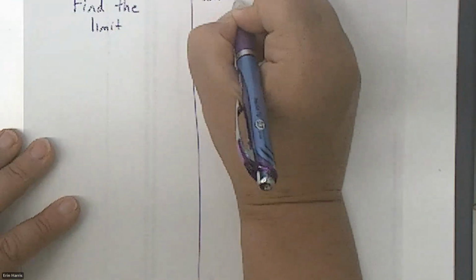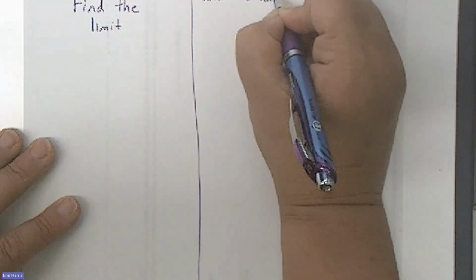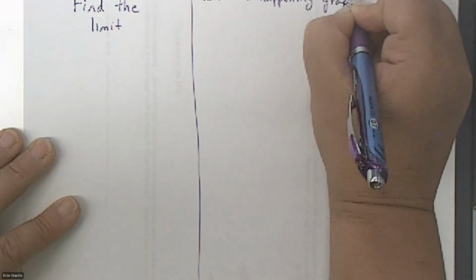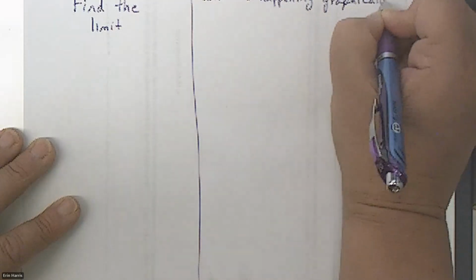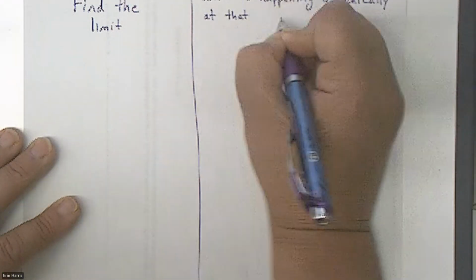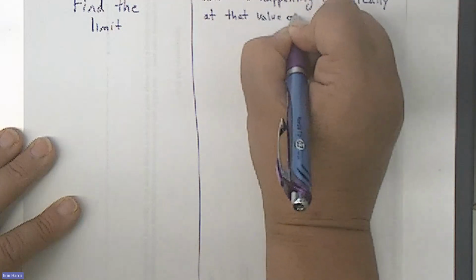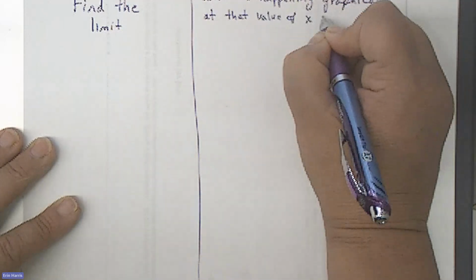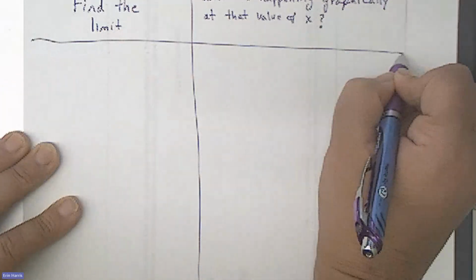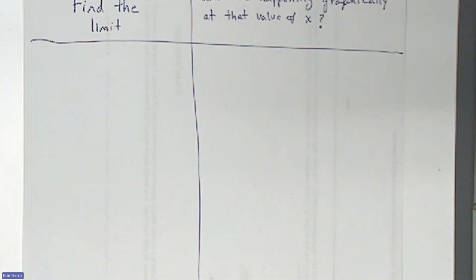We're going to put that on one side, and then we're going to say, what is happening graphically? At that value of x, right? Because we're not going to learn about the entire graph of the function. We're going to find the limit at some values of x, and then we're going to say, okay, well then at that value of x, what does the graph look like?